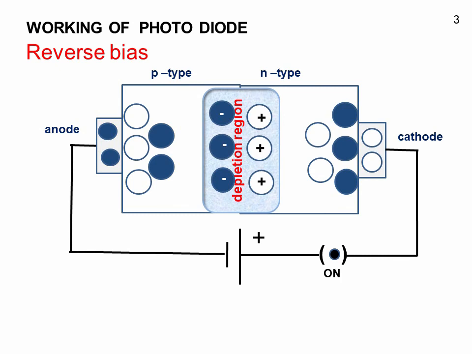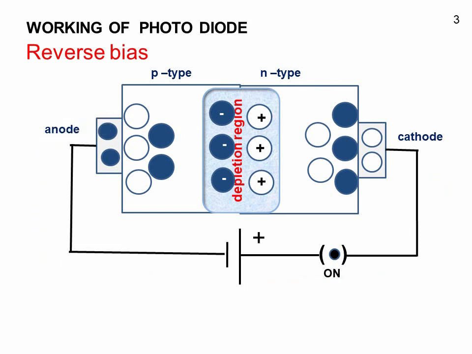For continuous radiation, electron and hole pairs are generated and the current is produced. So, the electron moves from cathode to anode.